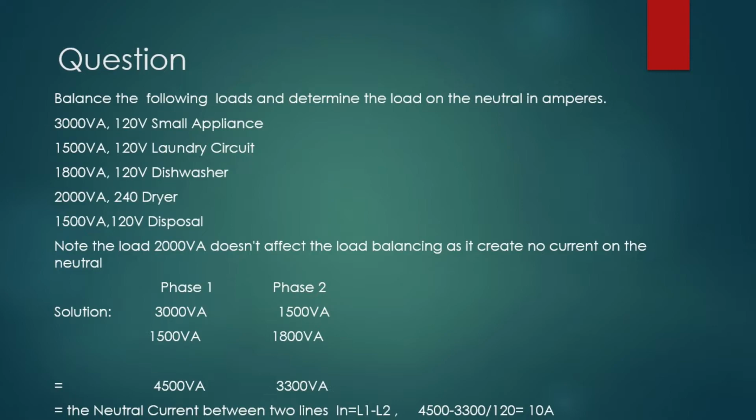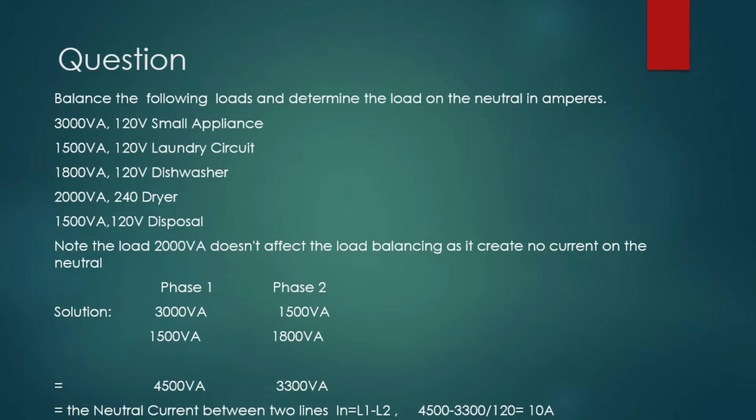There's only one load in particular that is being ignored, which is the 2000 VA load for the dryer. The reason we're taking out that load is because it would not affect our neutral if we're asked to calculate the neutral current on the system.